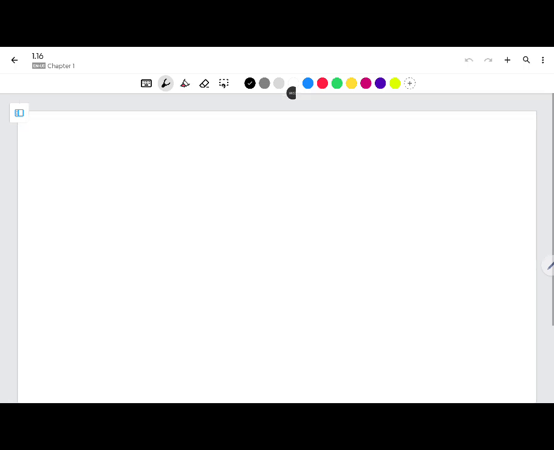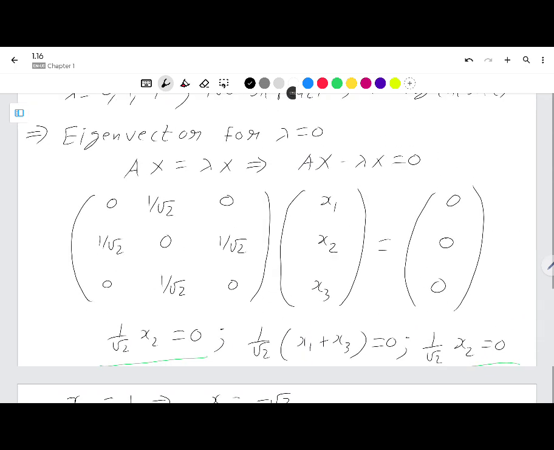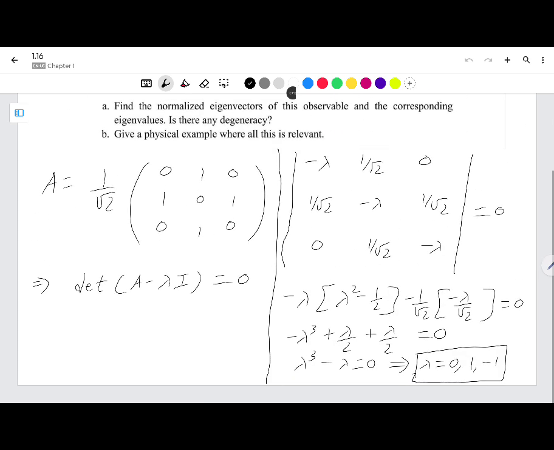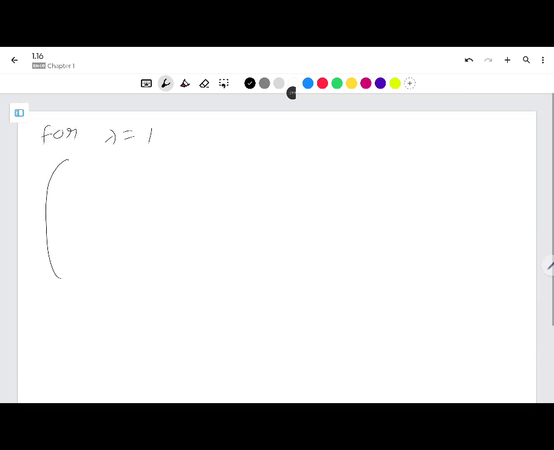So lambda is equal to 1. What will be A minus lambda? Minus 1, 1 by root 2, 0, 1 by root 2, minus 1, 1 by root 2.